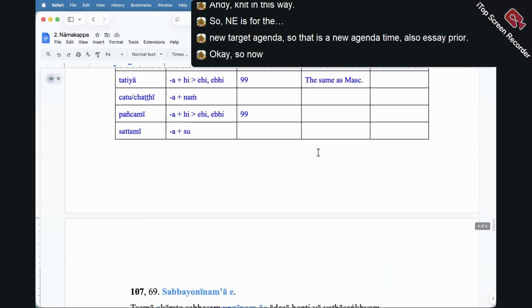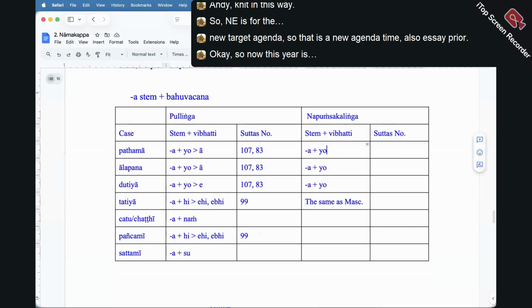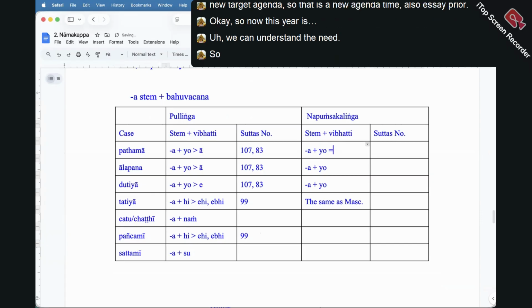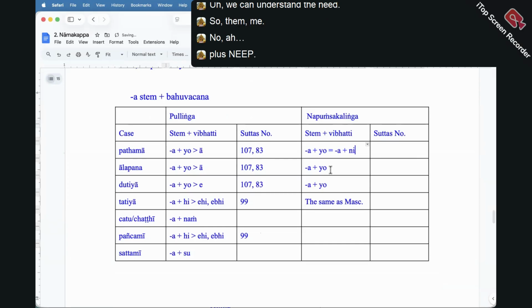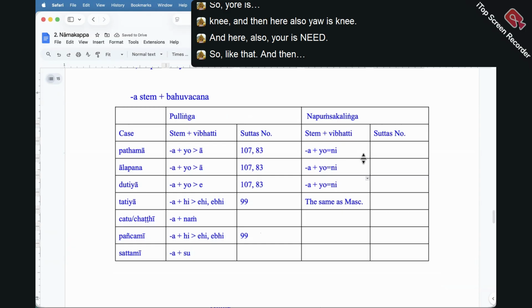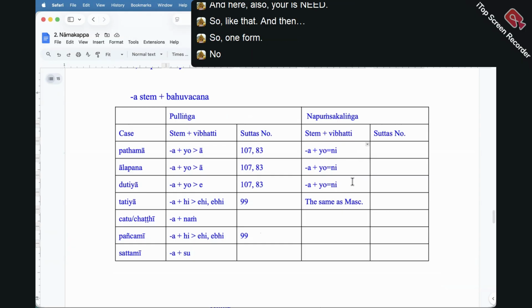Okay, so now this yo we can understand as ni. So that means stem plus ni. And here also the yo is ni. And here also the yo is ni. So like that. And then, one form.